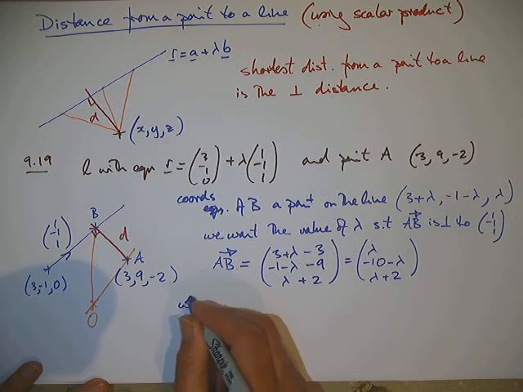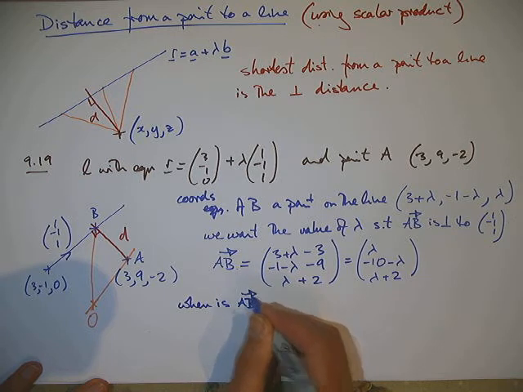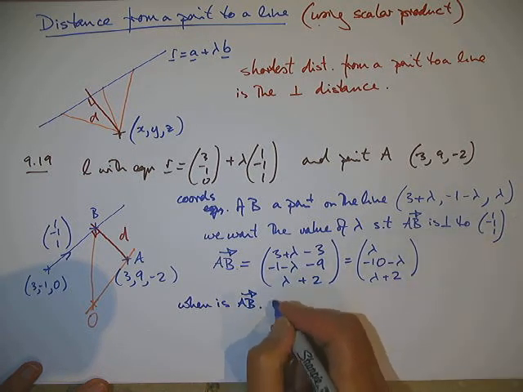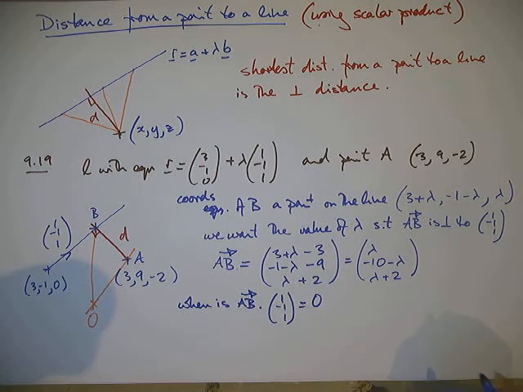So when is AB dotted with (1, -1, 1) equal to 0?